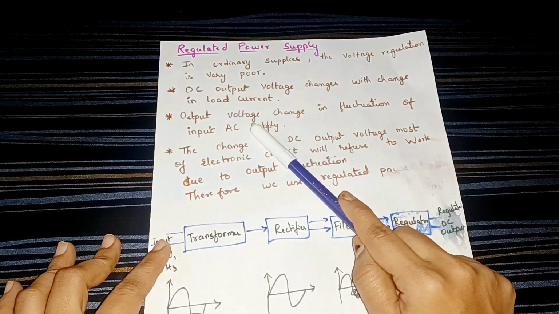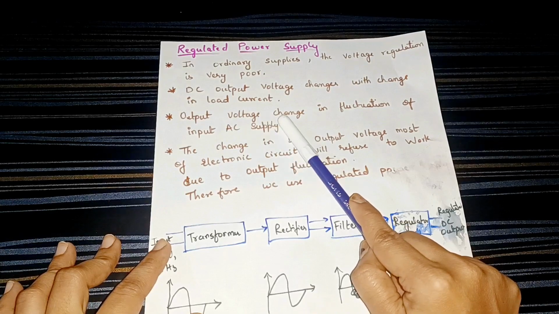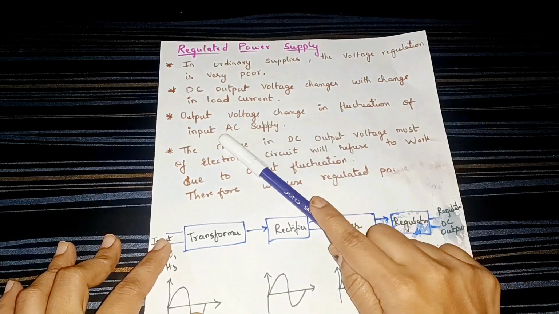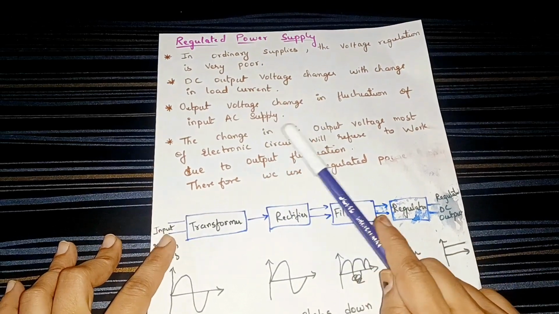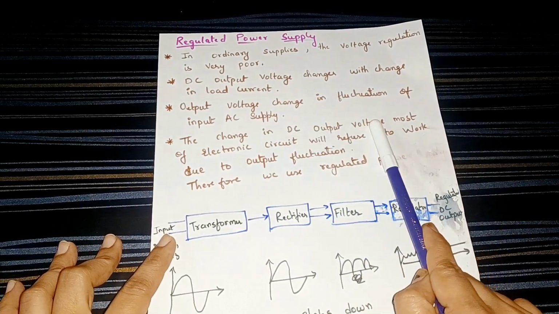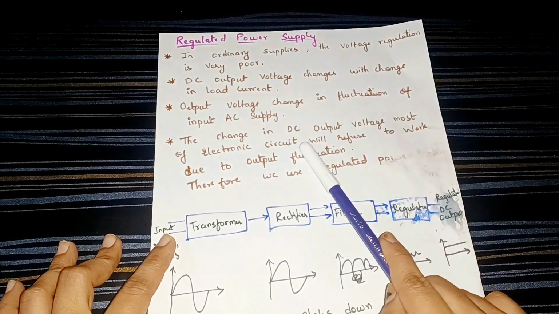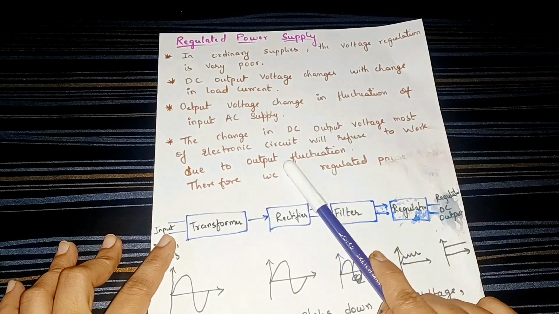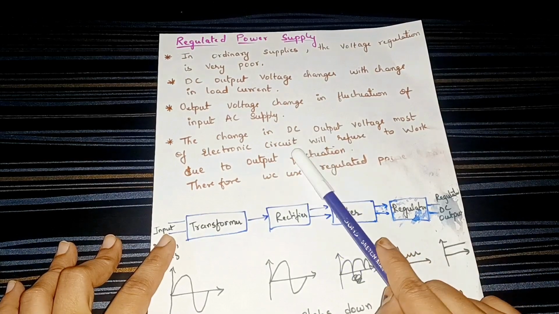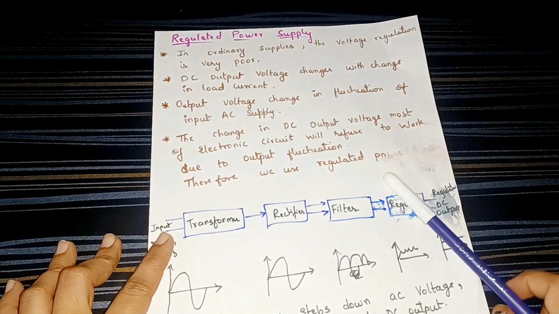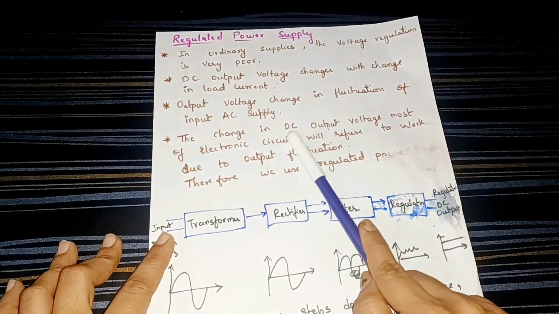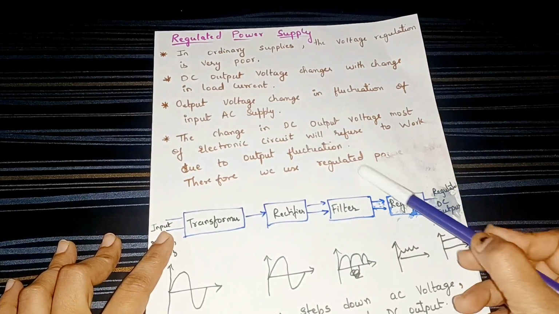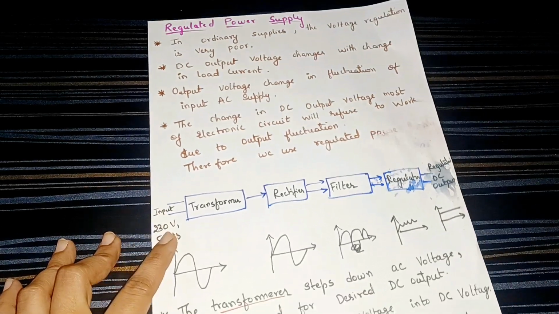That means whenever the AC supply is given as input, any fluctuation will change the output. Most electronic circuits will refuse to work, or stop working, if there is any change in the output. That's why we are using the regulated power supply.